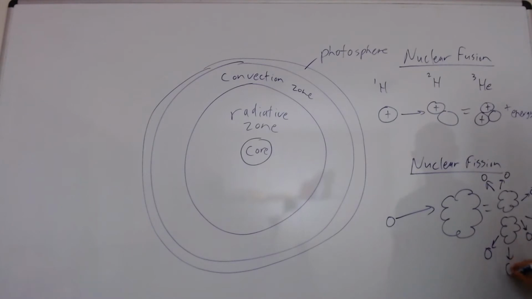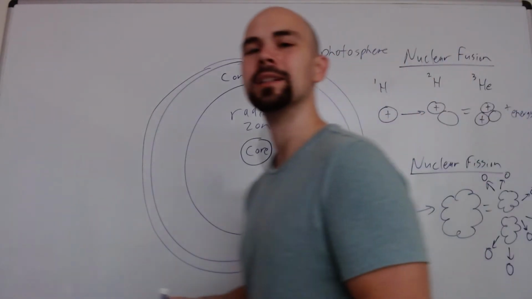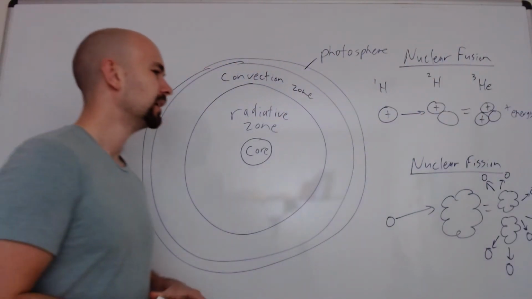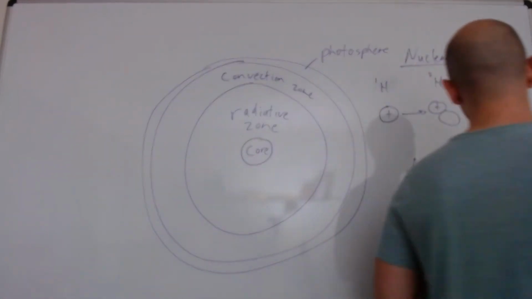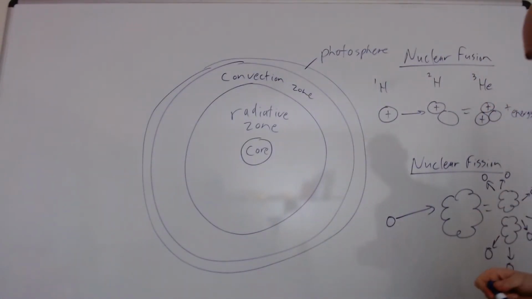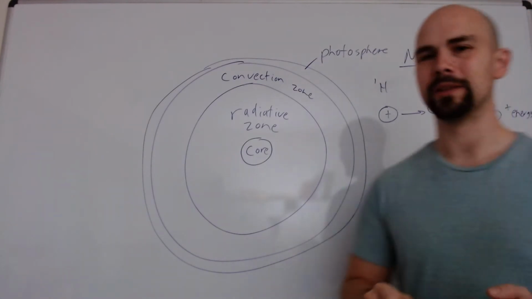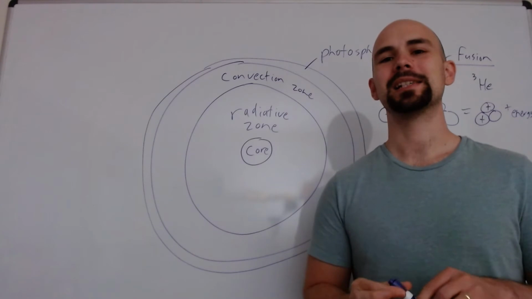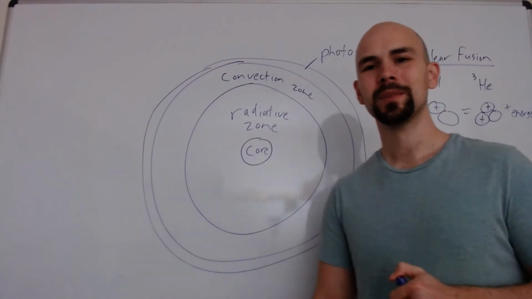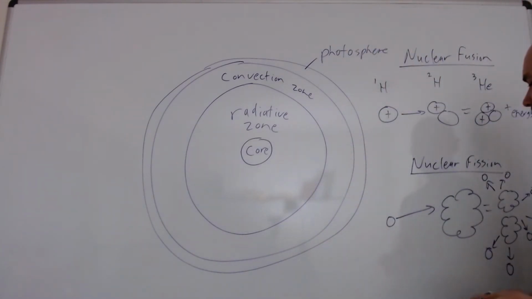Now, a nuclear power plant takes a whole bunch of these really large atoms. Basically, it's going to be some kind of an isotope that is really big and rather unstable. And then they accelerate neutrons into it. And what happens is a chain reaction.